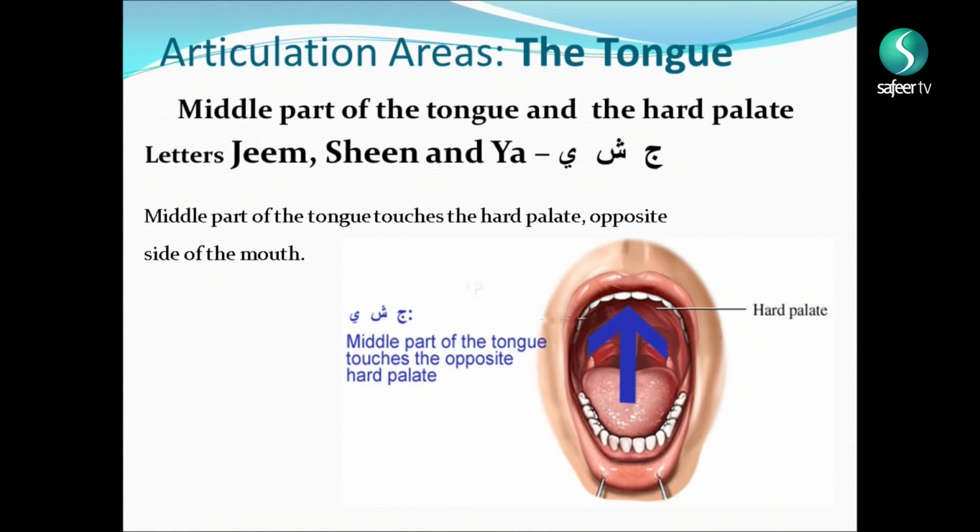And the previous letters, Qaf and Kaf, were Lahawi letters. So these are letters from the same point of articulation, but they have different qualities. Inshallah, later on, we will explain the qualities they have. That is about letters Jim, Shin, and Ya.